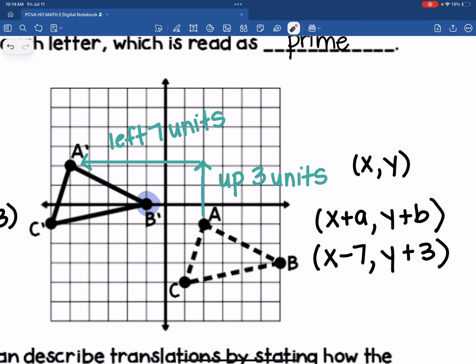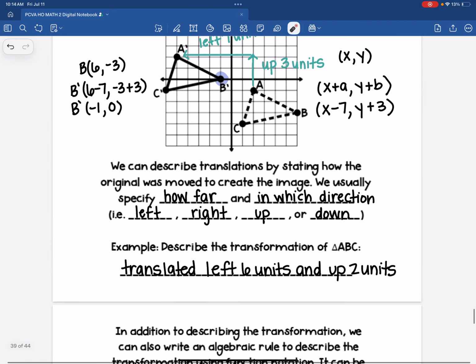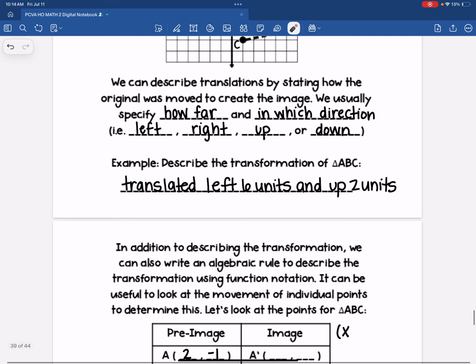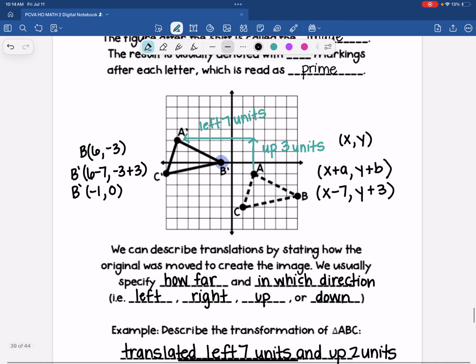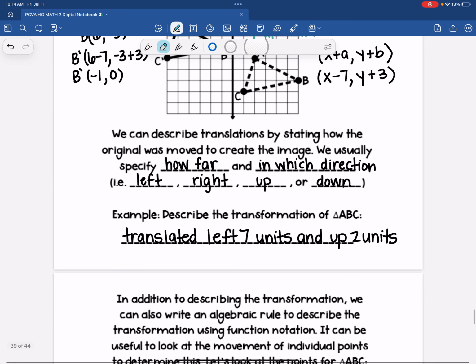So this is 1, 2, 3, 4, 5, 6, 7. Oh, so yes, it is 7. So it's not left 6. So let me erase that. And then up 3 units. Sorry about that.